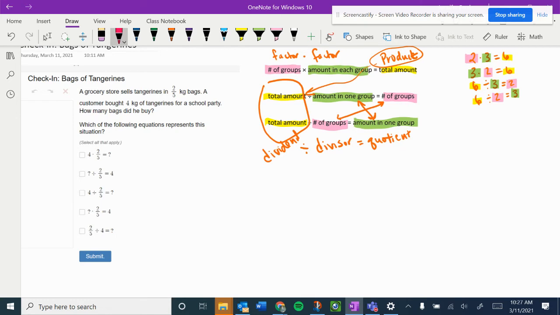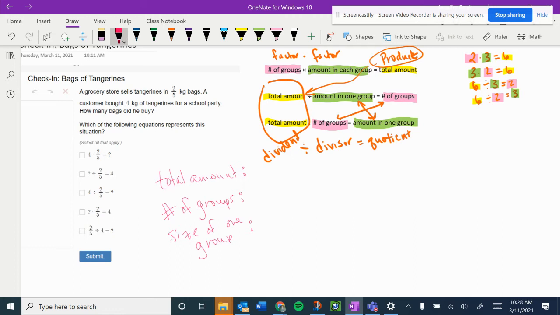When I think about these things, I sometimes write myself a little note: total amount, number of groups, and size of one group. And this helps me organize what I know so that I can be thoughtful and intentional when I'm writing my multiplication and division equations.